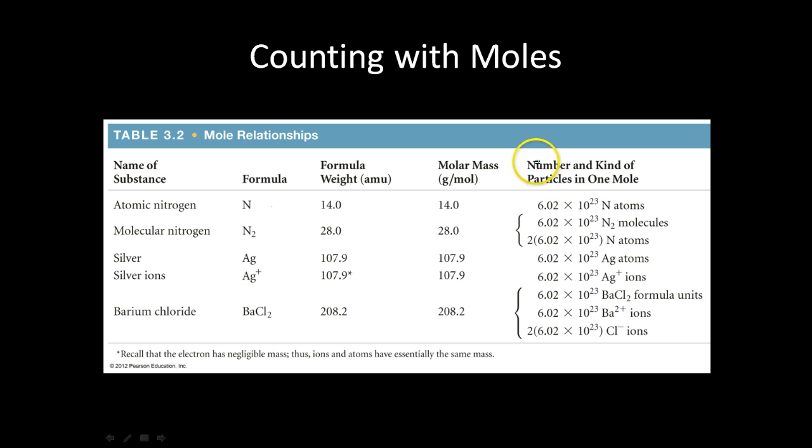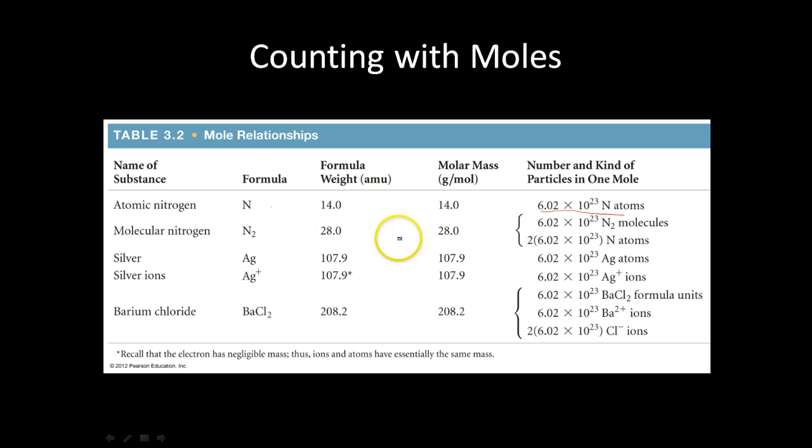So over here we have one more column that is kind of interesting: the number and kind of particles in 1 mole. If we had 1 mole of atomic nitrogen, this is how many nitrogen atoms we would have.